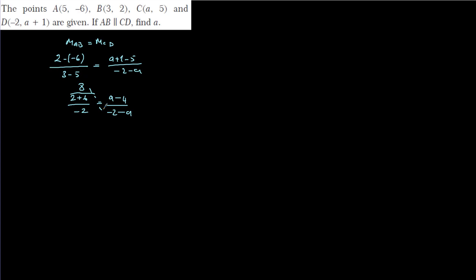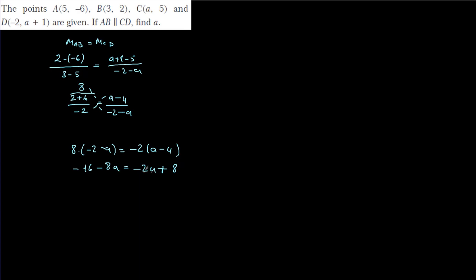Then if we cross multiply, it's going to be like this: 8 times minus 2 minus a should be equal to minus 2 times a minus 4. And this is going to be equal to minus 16 minus 8a equals minus 2a plus 8.